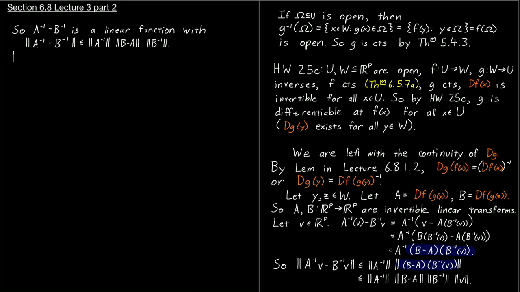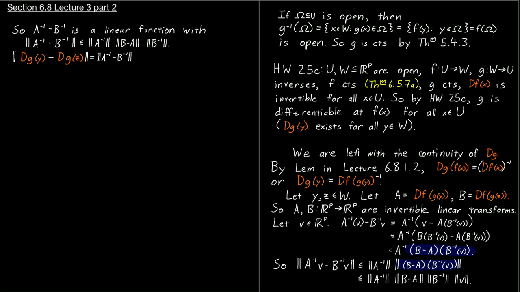We have that the norm of, remember, A was df of g of y, so A inverse is dg of y. So we get that the norm of dg of y minus dg of z. That's the norm of A inverse minus B inverse.